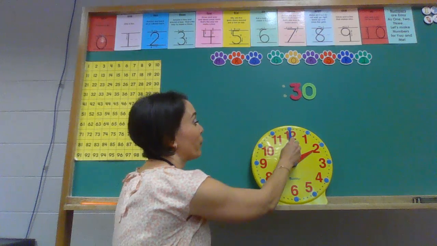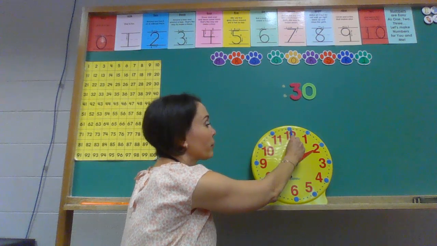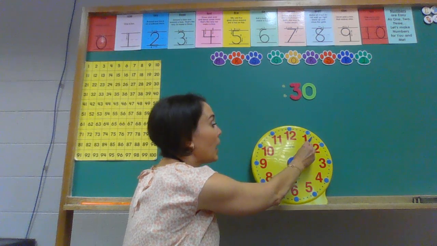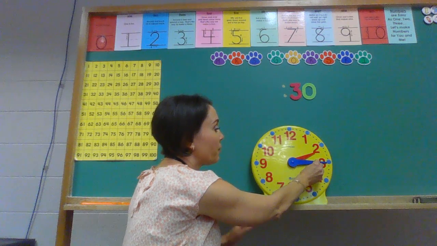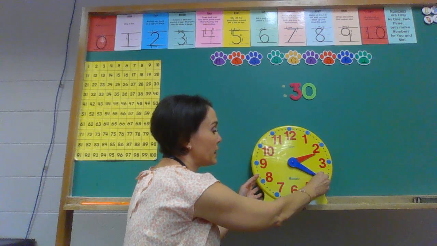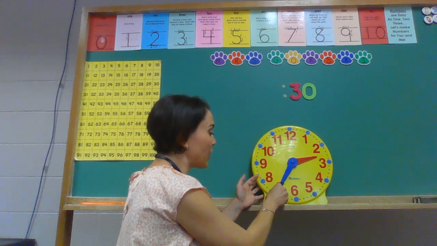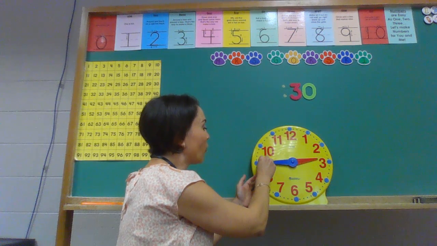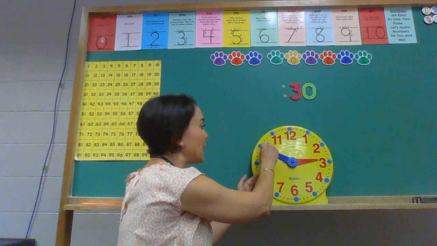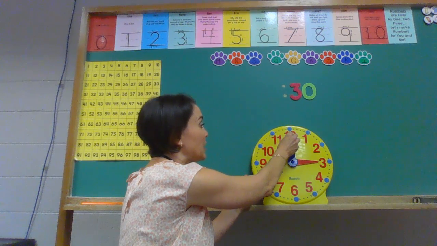So we're going to do it together. Here we go. Do it with me. 5, 10, 15, 20, 25, 30, 35, 40, 45, 50, 55, 60.